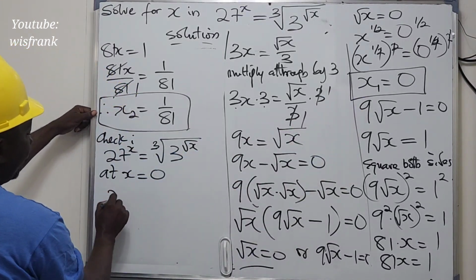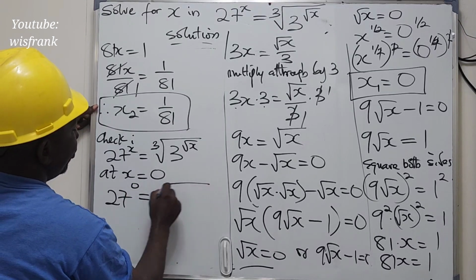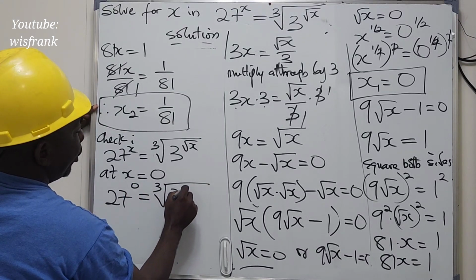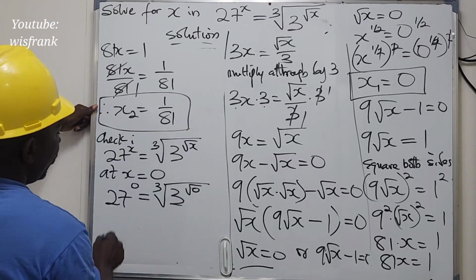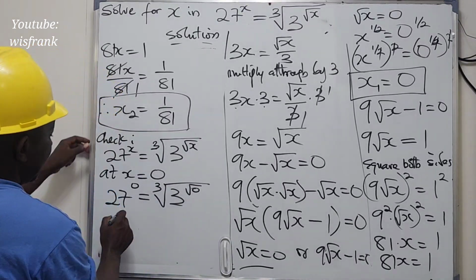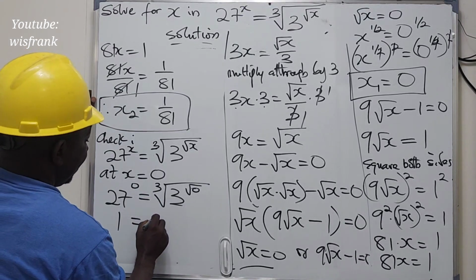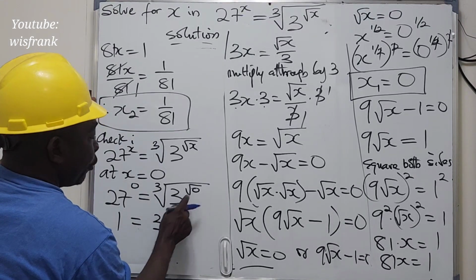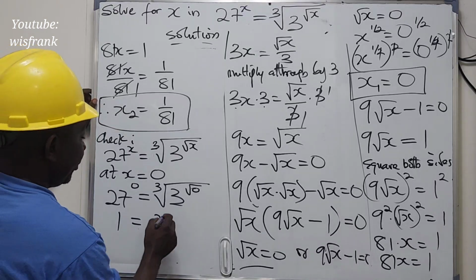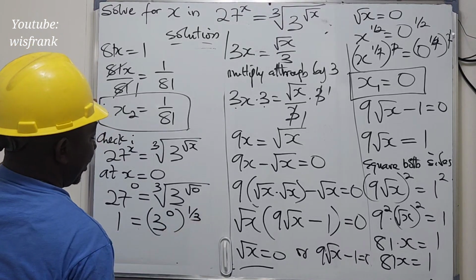So this will become 27 to the power of 0 equals cube root of 3 to the power of root 0. We all know that anything raised to the power of 0 is 1. So the other side will become 1 equals, this is the same thing as 3 to the power of root 0, which is 0, so 3 to the power of 0, all to the power of 1 all over 3.